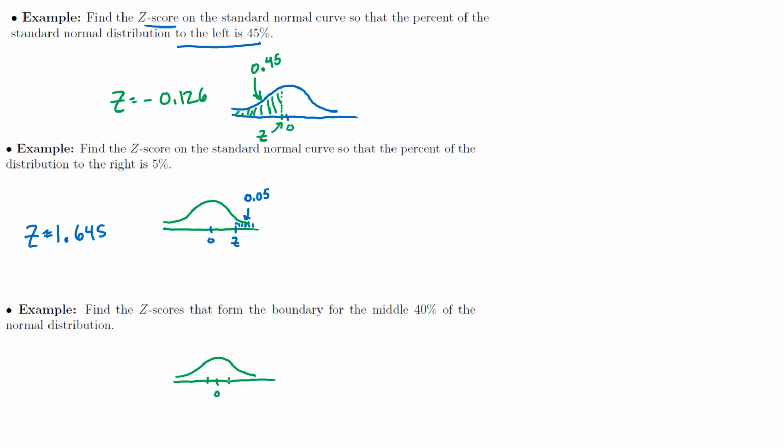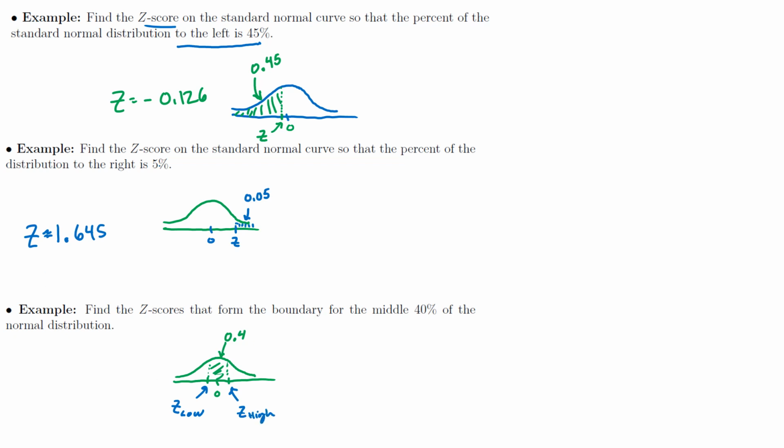So there'll be some values in here, and I want to know what they are so that this here is 0.4. So I want to know what this z-score is here, and since we want to find two z-scores, we'll call that one z low and we'll call this one z high.